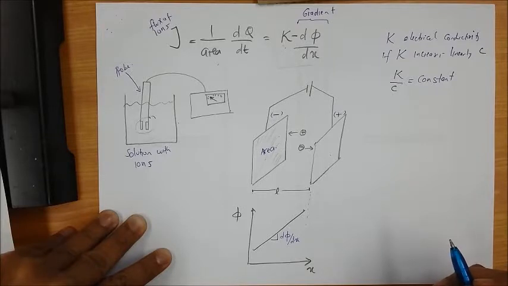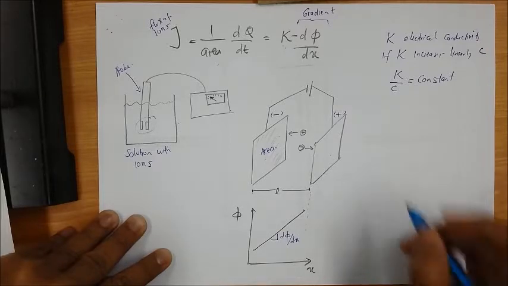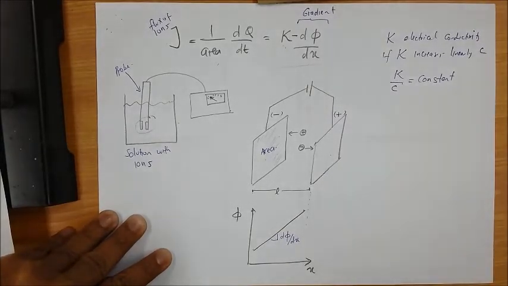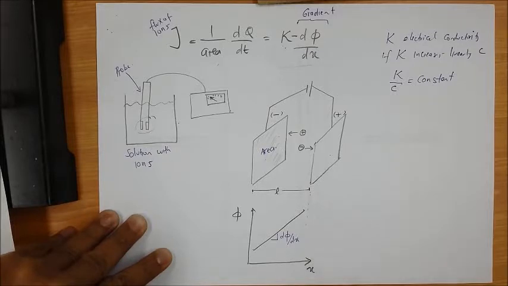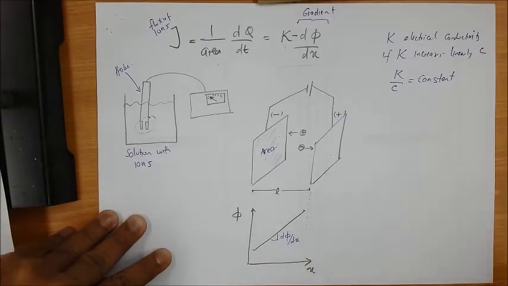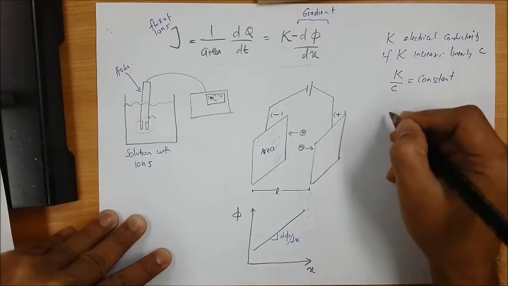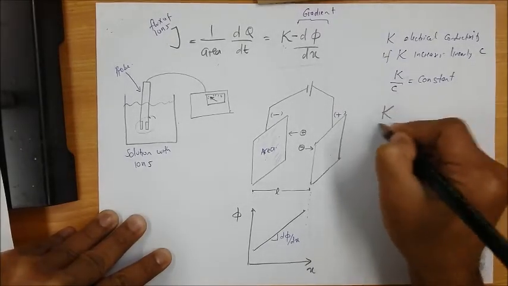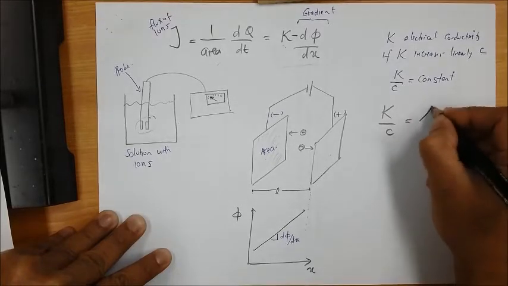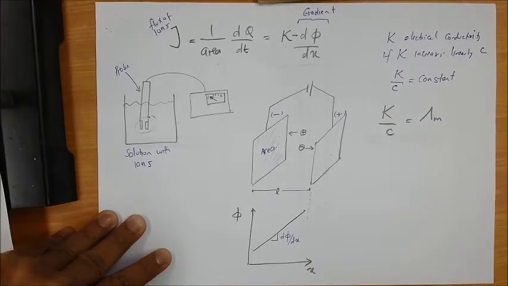But this is not the case for all ions, because of the interactions that we discussed in class, ion-ion interaction and ion-solvent interaction. Now this expression, kappa over C, is called molar conductivity. So kappa over C is equal to the molar conductivity.